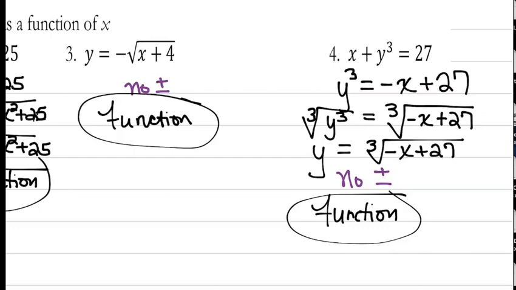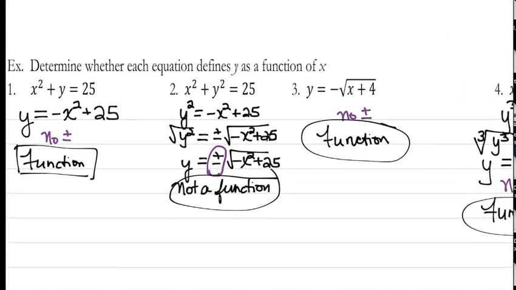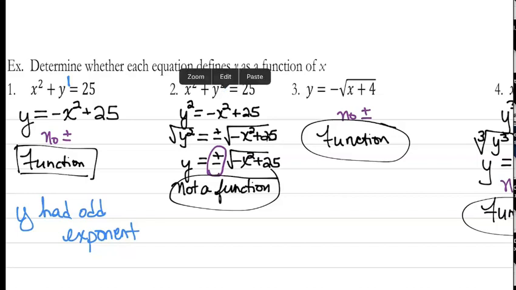Now let's take a quick moment to look back and give some extra comment. Originally, on number 1, the y had an exponent of 1. On number 2, the y had an exponent of 2.